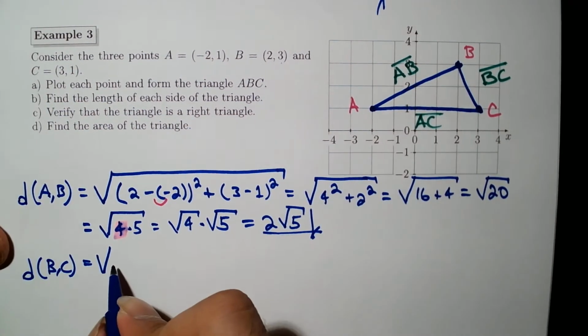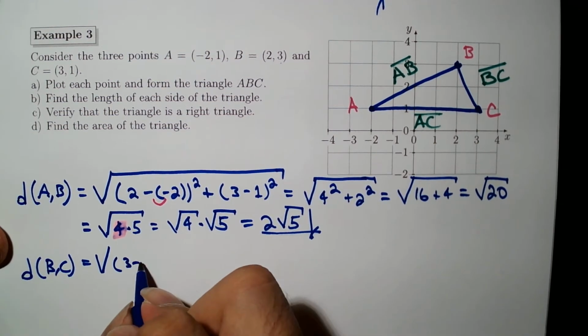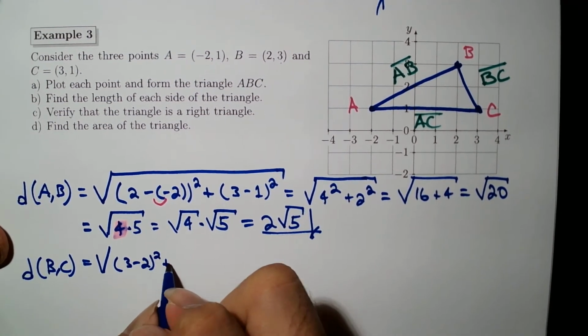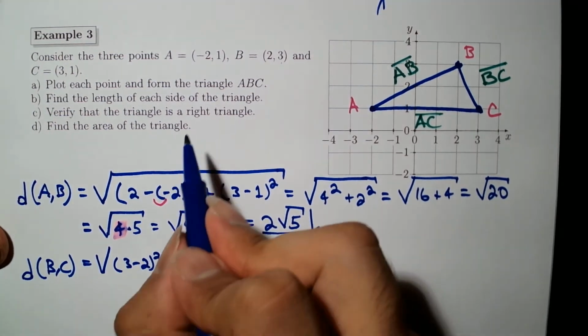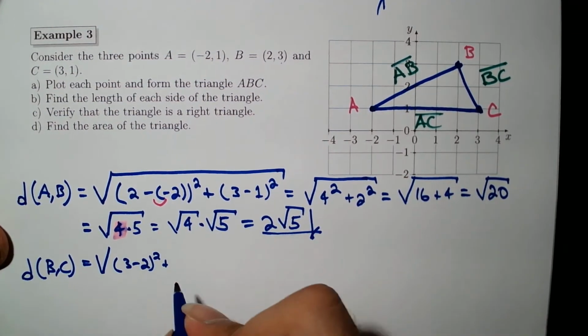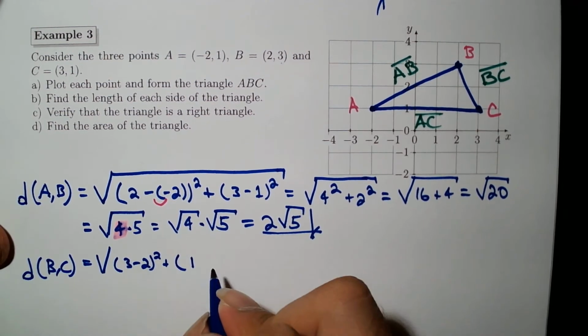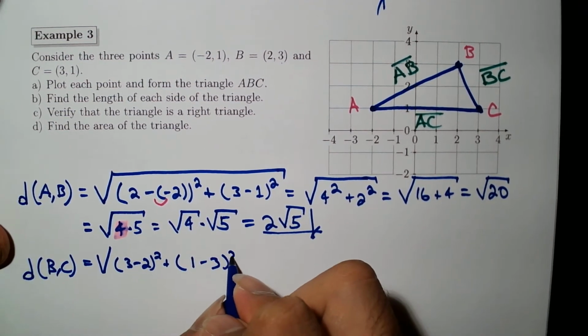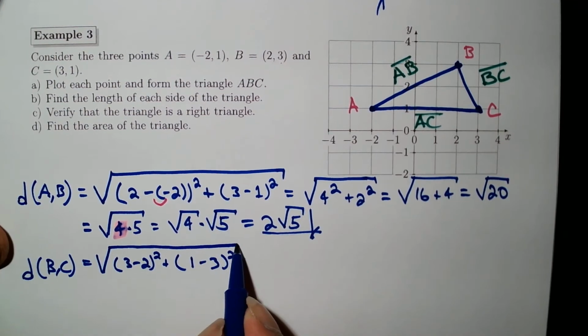3 minus 2, which is x2 minus x1, quantity squared, plus y2 minus y1, which in this case is 1 minus 3, quantity squared.